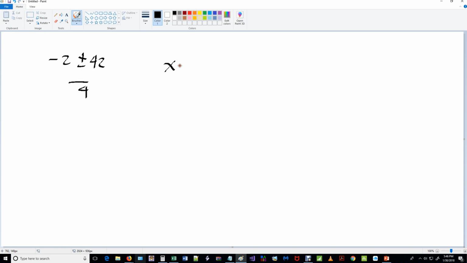And we're going to do the plus first. So it's minus 2 plus 42 divided by 4. Just the expression with the plus. So on top you got 42 minus 2, that's 40, divided by 4, well, that's 10. So one of the numbers is 10, and the next one will be 11, right? x and then x plus 1. So the answer will be 10 and 11.